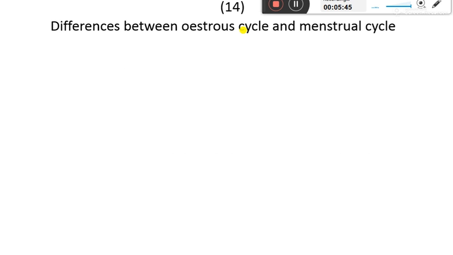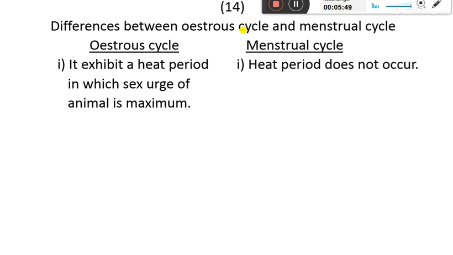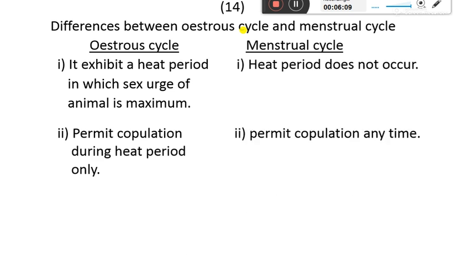There is a difference between the oestrus cycle and the menstrual cycle. In the oestrus cycle, there is a heat period in which the sex urge of the animal is maximum, that is, copulation takes place in this heat period only, while the heat period does not occur in the menstrual cycle. So they can copulate at any time.